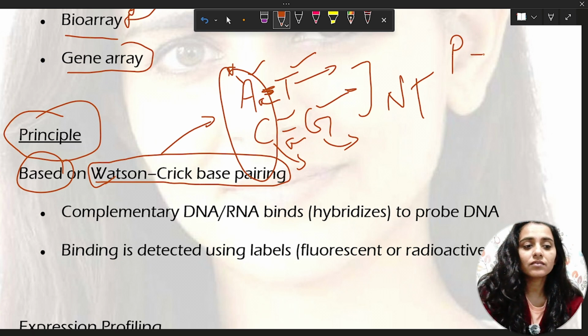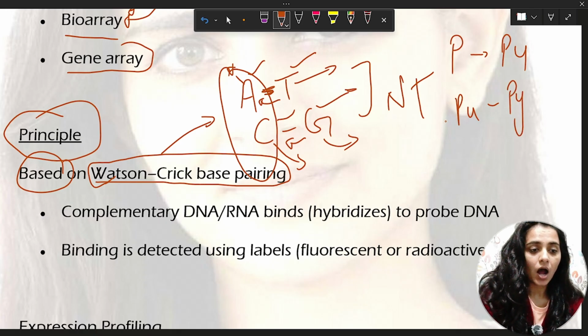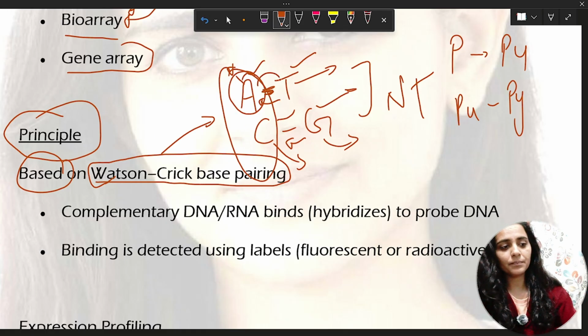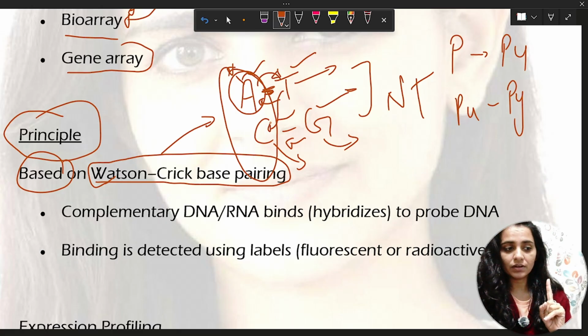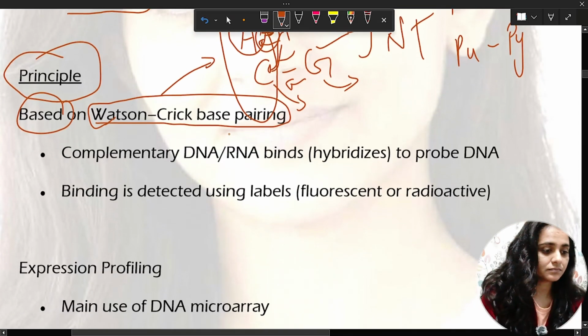So pyrimidine will base pair with purine and purine will base pair with pyrimidine. There is also a rule that only A will make base pairing with T, not that T will base pair with C. No, never. If that happens, it will be considered a disease.